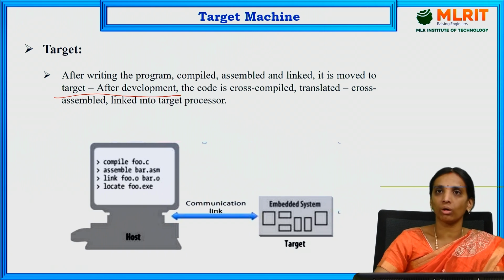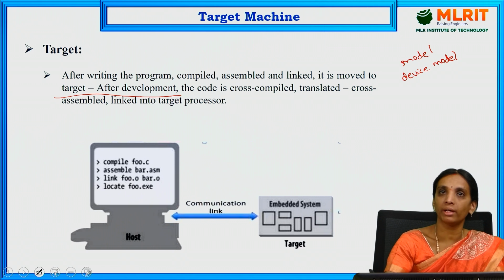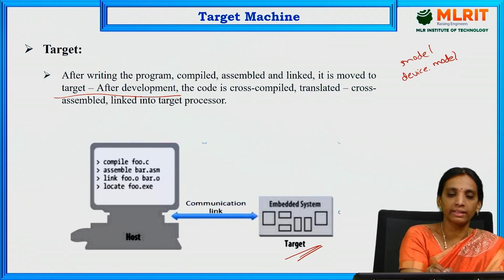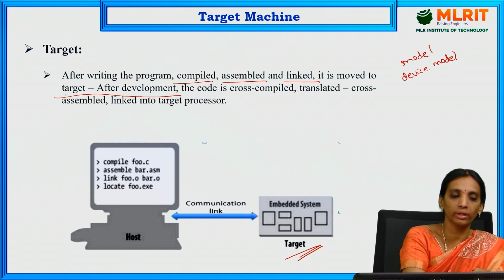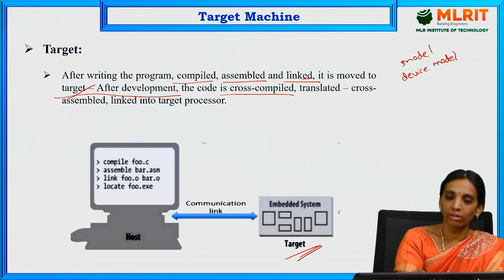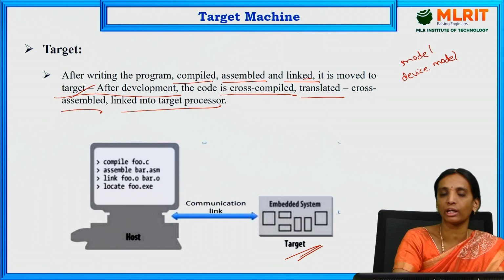The main processor or main model, which is called the device model for that particular embedded processor, is known as the target system. After writing the program, compiled, assembled, linked, it is moved to the target processor. After development of the program, the code is cross-compiled, translated, cross-assembled, and linked into the target processor.